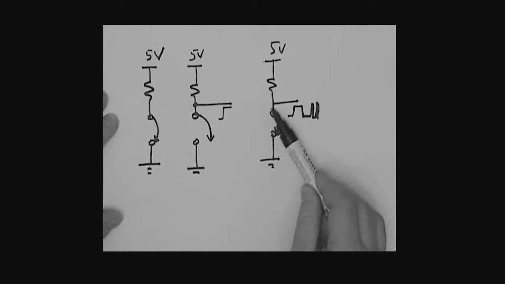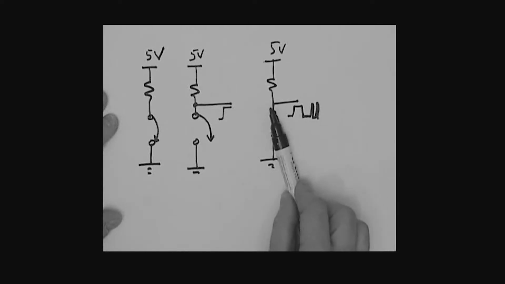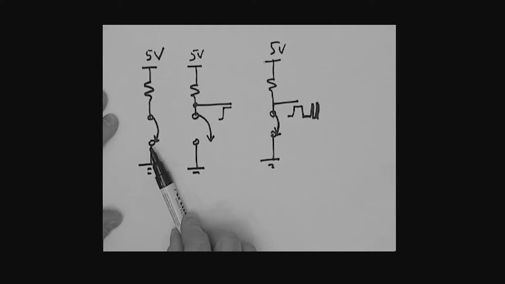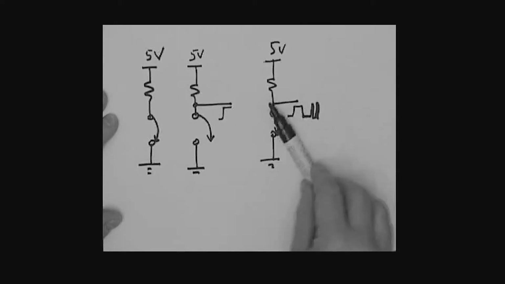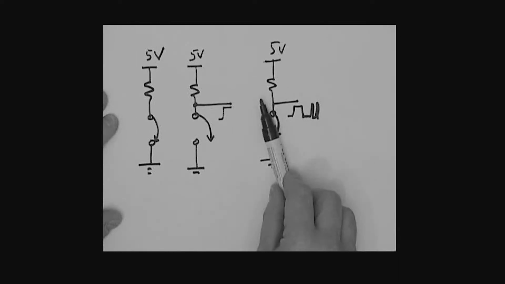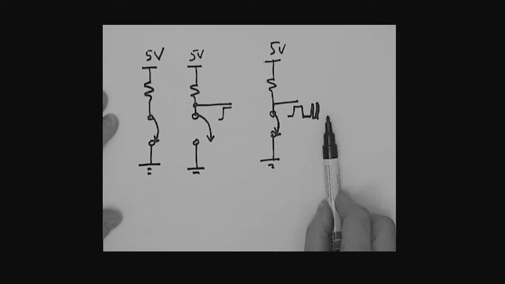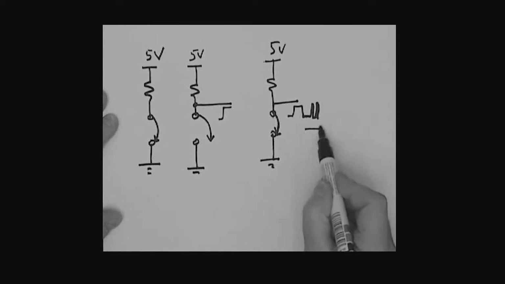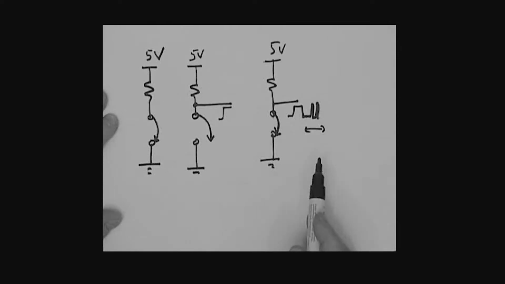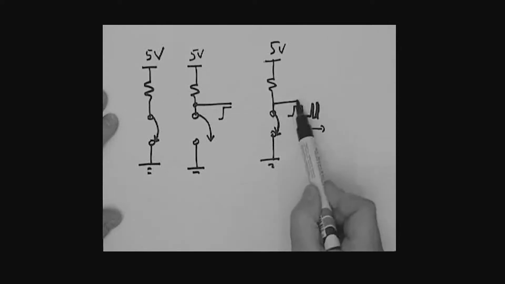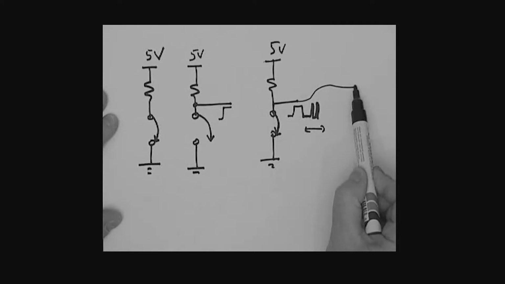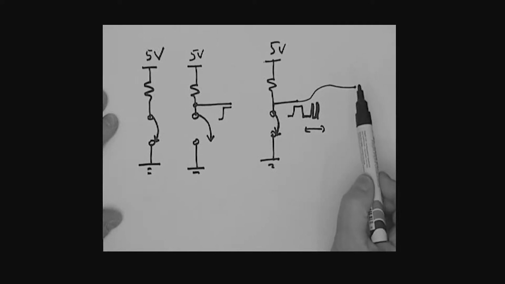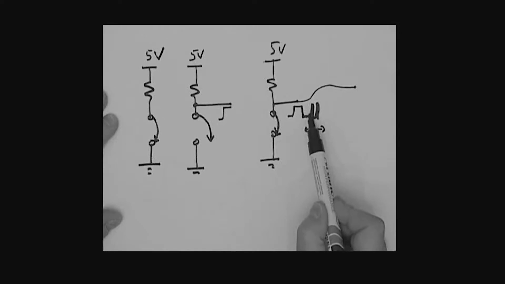As this guy is bouncing before it actually settles to a closed condition, remember we only pressed the button once and took our finger off, it came down, hit the contact, bounced up, backwards and forwards, and creates multiple edges. Now the time period is very fast, but if this were an output going to a clock input on a flip-flop, every time you get a leading edge, you're going to change states.